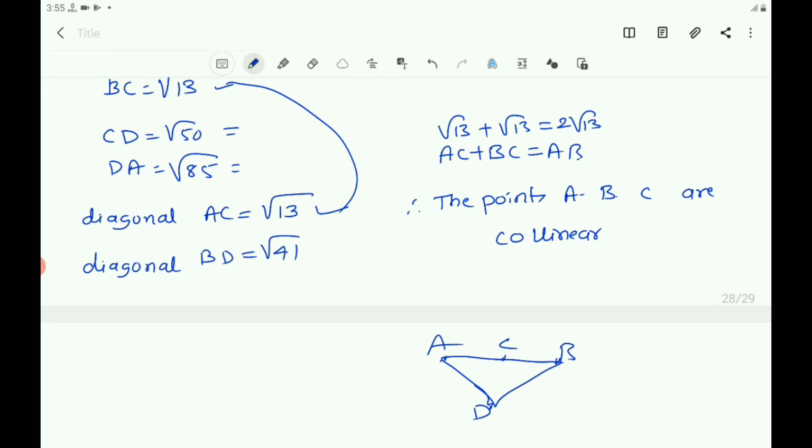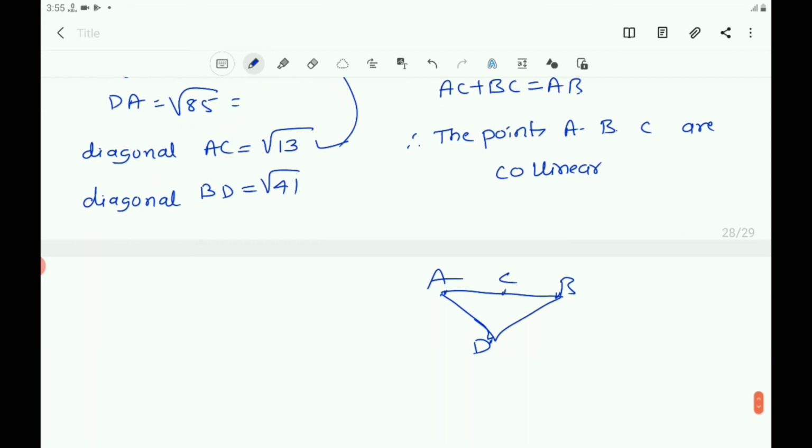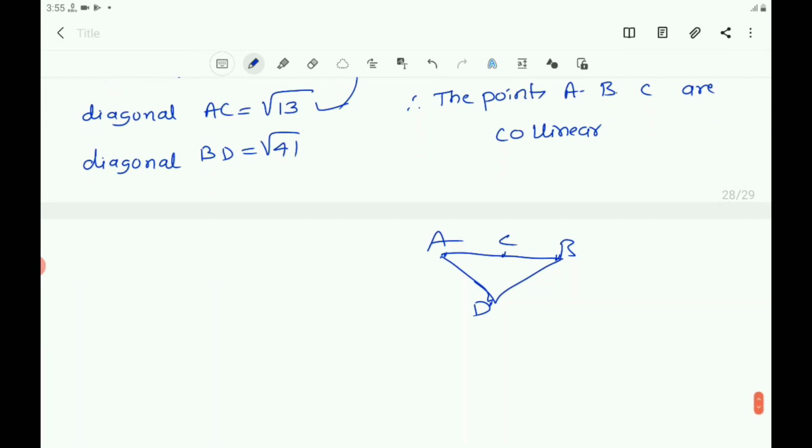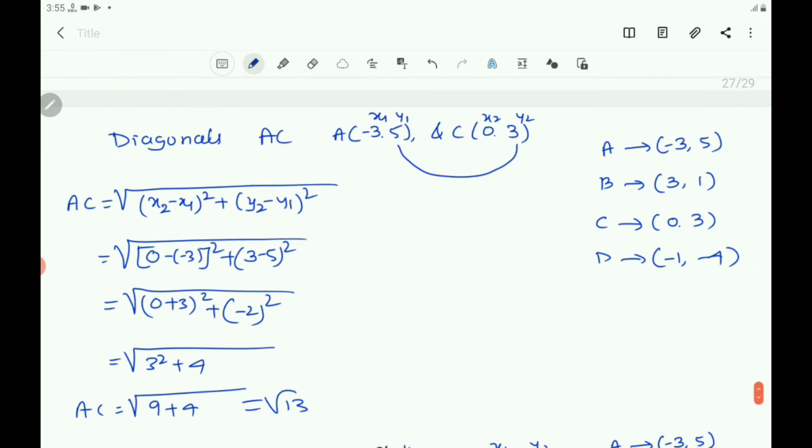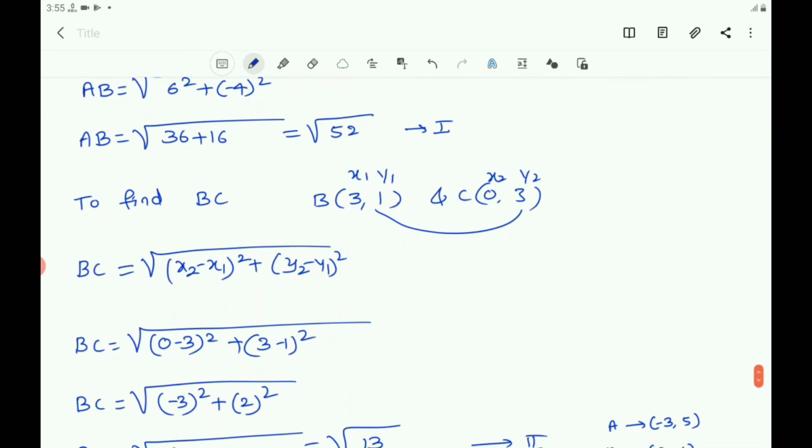A, B, C points are collinear, so you can't get a quadrilateral. You write no quadrilateral. That is, the second set of 4 points is not a quadrilateral.